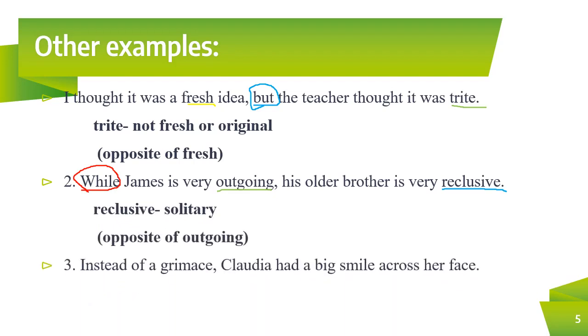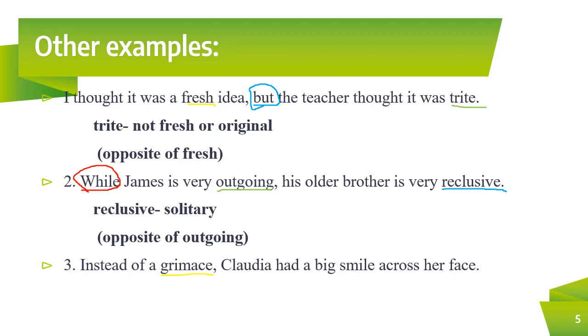Instead of a grimace, Claudia had a big smile across her face. So, the unfamiliar word is, yes, grimace. This time, do we have a phrase or word that signifies opposite or antonym? Yes, there is. Now, what is your answer?